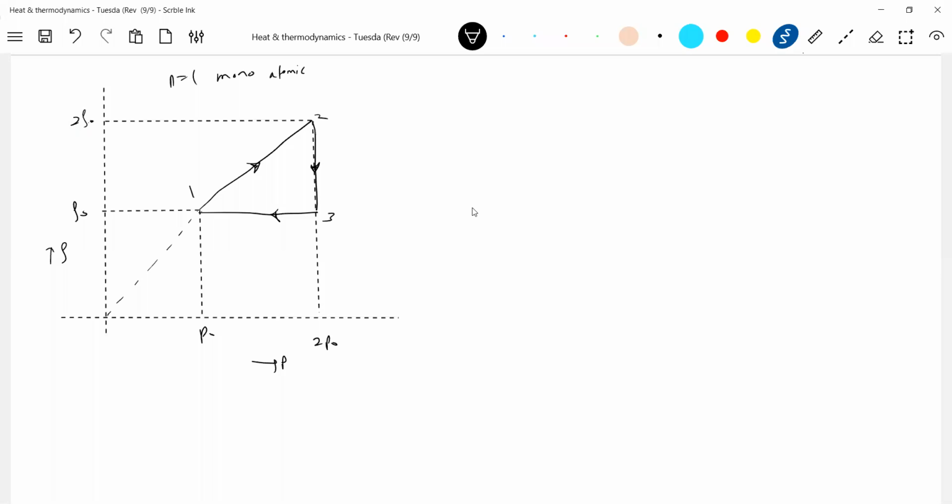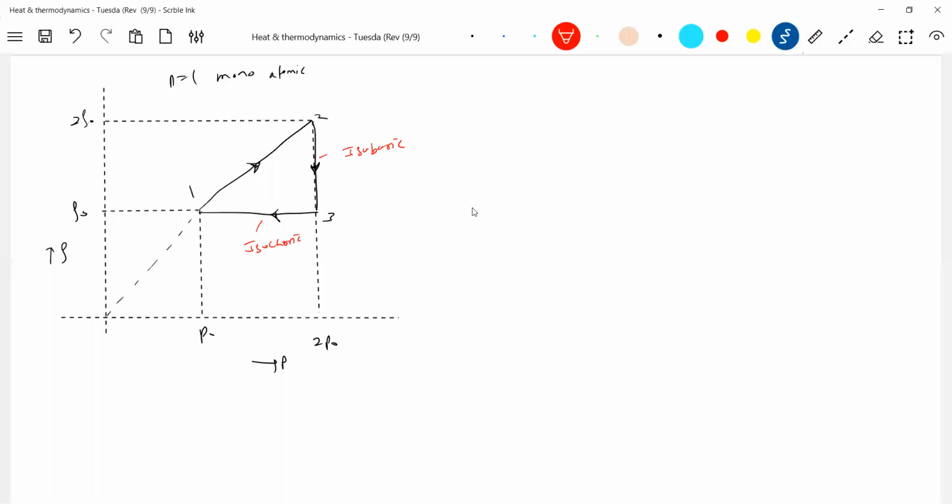Let's check what the process is and what the equivalent graphs are here. The first thing, what is 1, 2? At least 2, 3 we can say, no? It's isobaric. 3, 1 is isochoric.